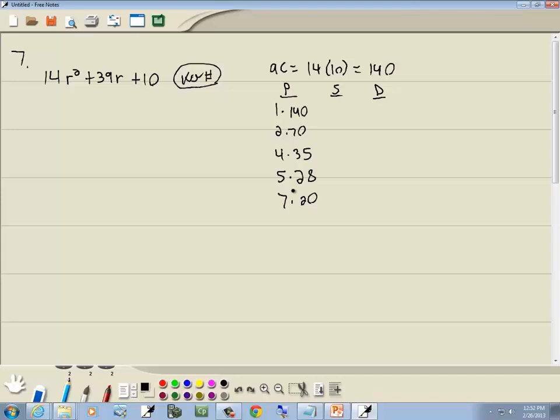Let me get my calculator. Okay, I don't want to think that hard this morning. Or this afternoon. Day's slipping away. 140 divided by 8. No. 140 divided by 9. No. 140 divided by 10. Well, I know that's right. 10 times 14.